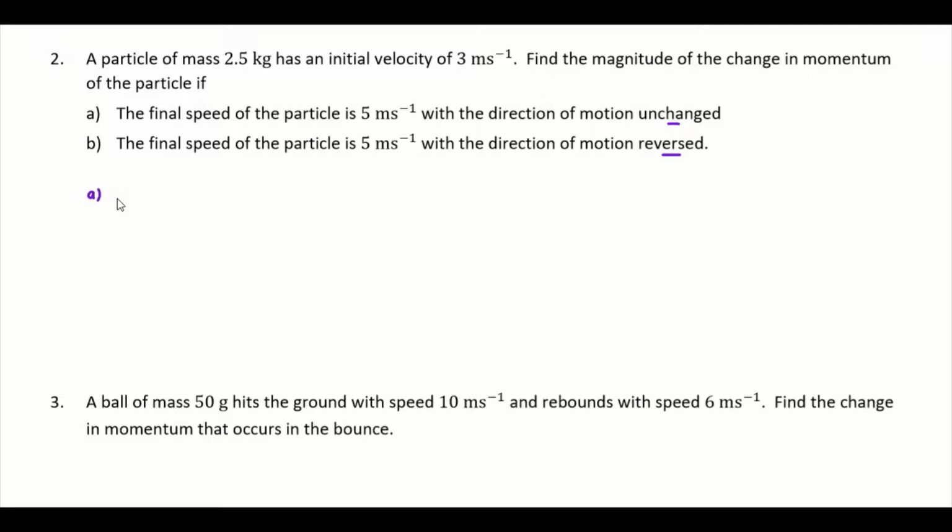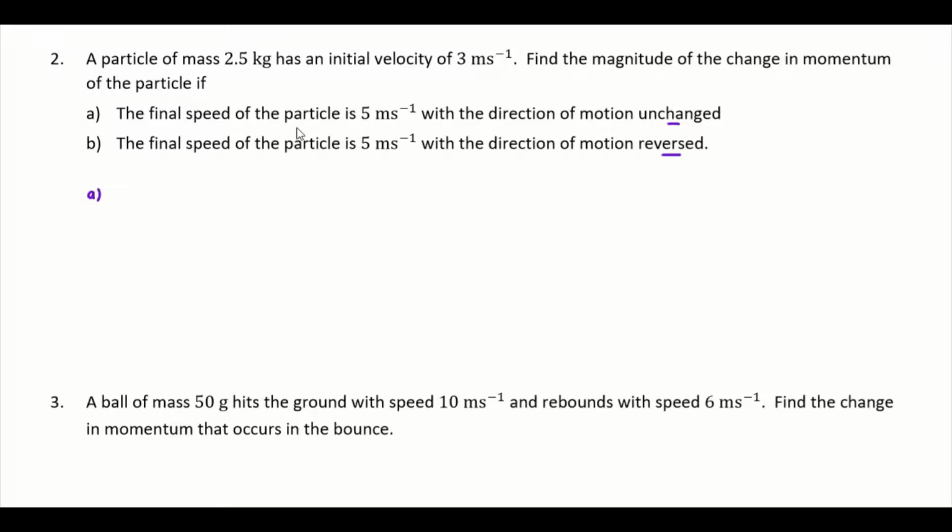The change in momentum wouldn't come out so easy in your past year paper. The next chapter, when we discuss the principle of the conservation of momentum, is much easier, and the sign of the direction is going to be much clearer in that part. Okay, so let's look at part A.